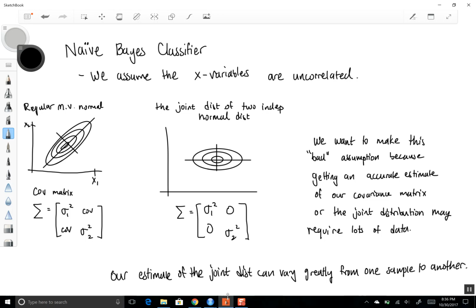So making this bad assumption can actually give us better estimates because we're just forcing everything to be zeros here, and we might not have these terribly inaccurate estimates of the different covariance values. If you only have an x1 and an x2, your covariance estimate probably won't be terrible. But if you've got several x variables, this can become an issue.